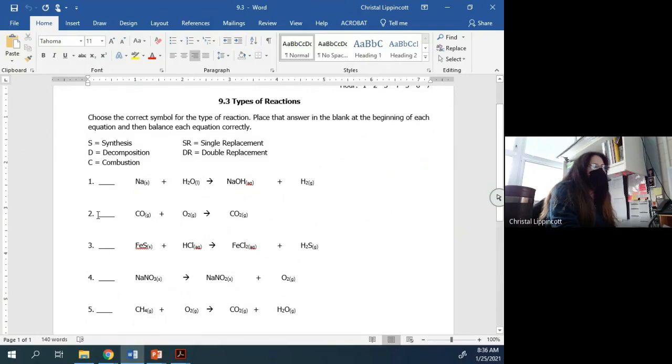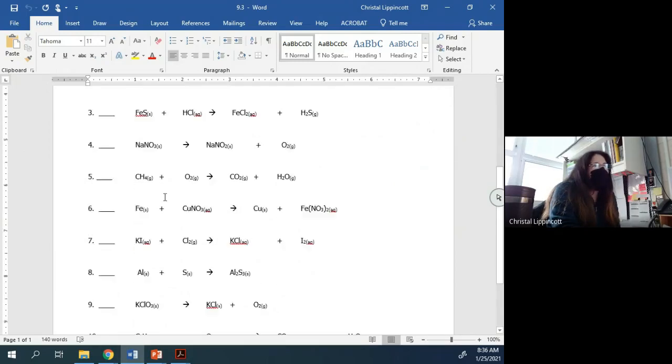And like number 2, this is a combustion reaction, but it's also what? Synthesis. Yeah. So either one of those answers would be acceptable for this. Good job. Okay. So you need to tell me what kind it is, and then you need to balance the equation as well.